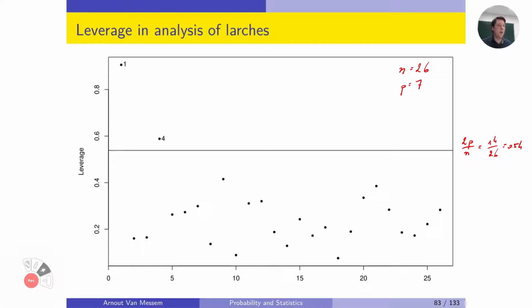So if we look at this cutoff value, we see there are two points which have a high leverage, observation number 1 and observation number 4. These points are thus differing from the other observations in their X values, in their predictor values.